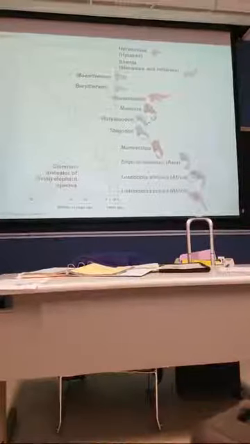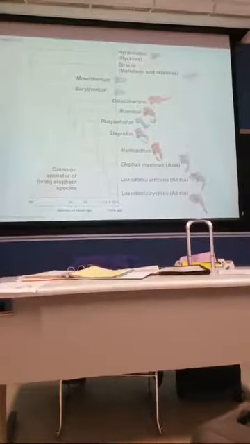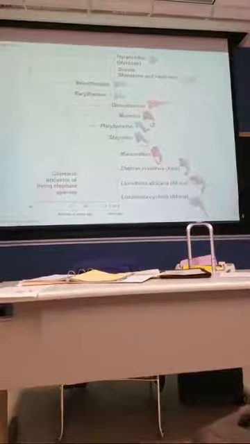Okay, so these groupings are extinct. But look up here. The manatees and the hyraxes and their relatives are still living, and they are the closest living relatives to the elephants today.